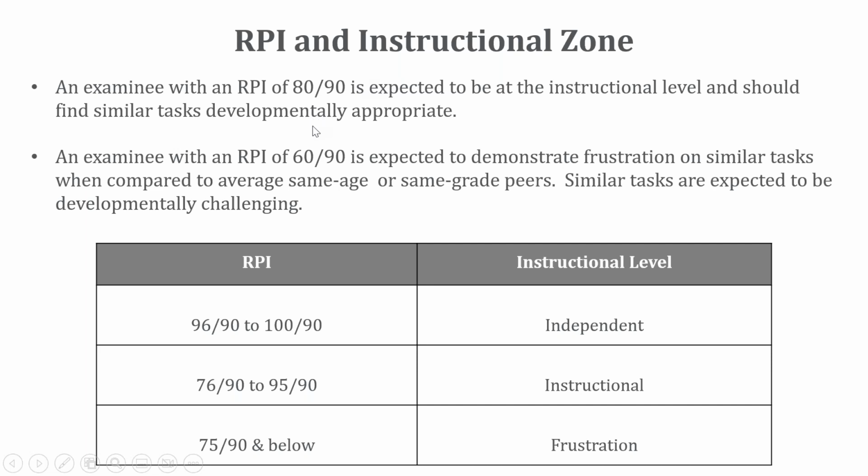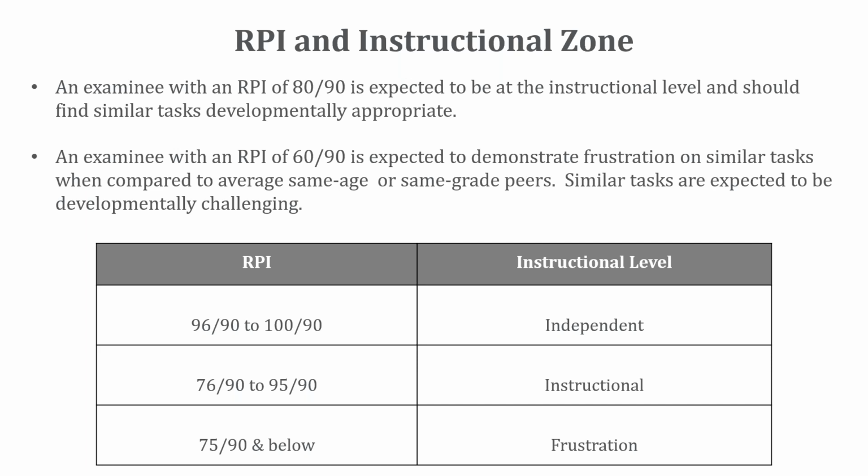So an examinee with an RPI, again, of 80 over 90 is expected to be at the instructional level and should find similar tasks developmentally appropriate. Again, it's hitting them right where they need to be in terms of being able to access the content, but challenging them and growing them at the same time.